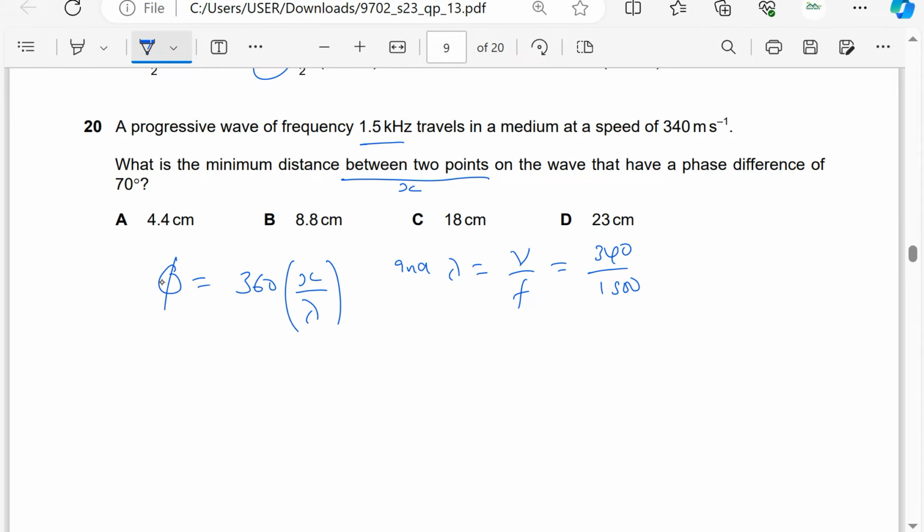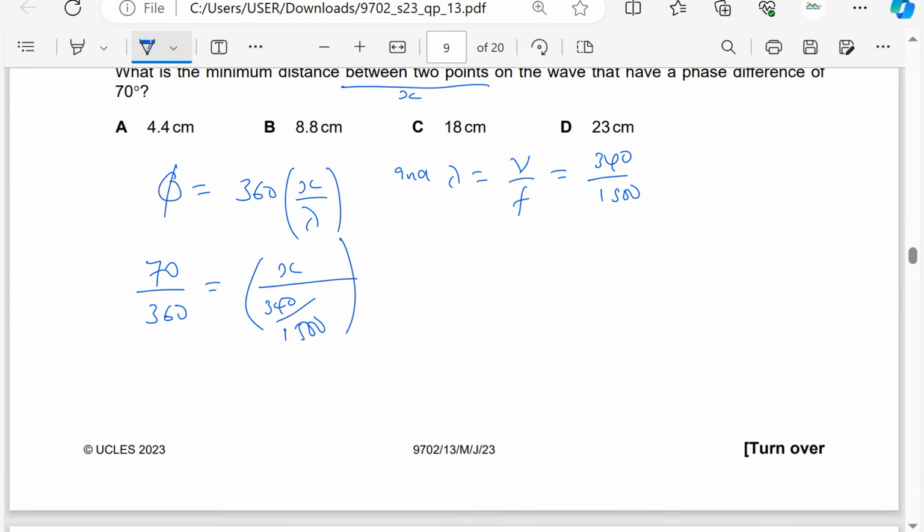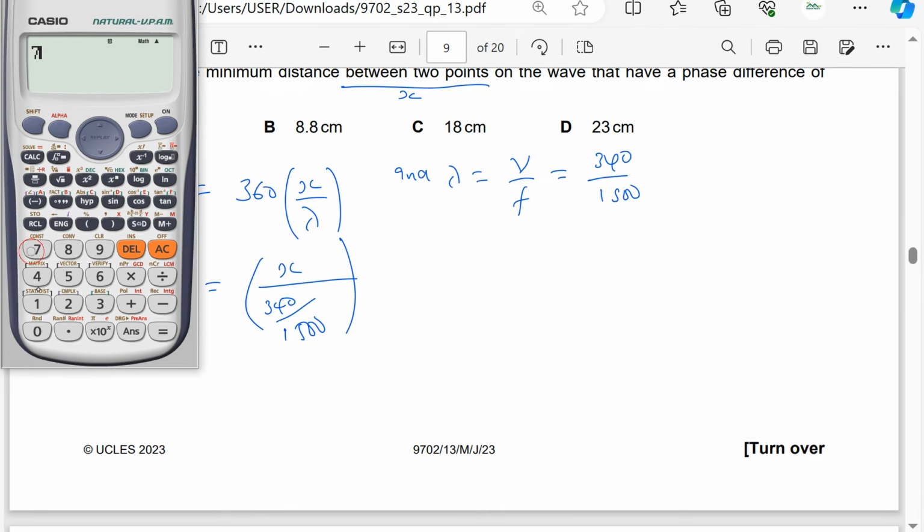So phi is 70, so I'll say 70 divided by 360 is equal to x divided by wavelength, which is 340 divided by 1500. So I make x the subject. I'll simply say 70 divided by 360, then times 340 divided by 1500.